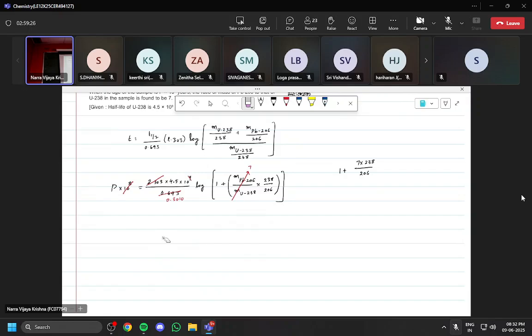Oh, another 10 is there. Another 10 is there, so I will write 450 divided by 3 into 2 into 0.4771. I am writing approximately 0.5. 3 15s are 150. 150, 2 into half, 1. So 150 into 1, 150. So the answer must be close to 150. Correct?